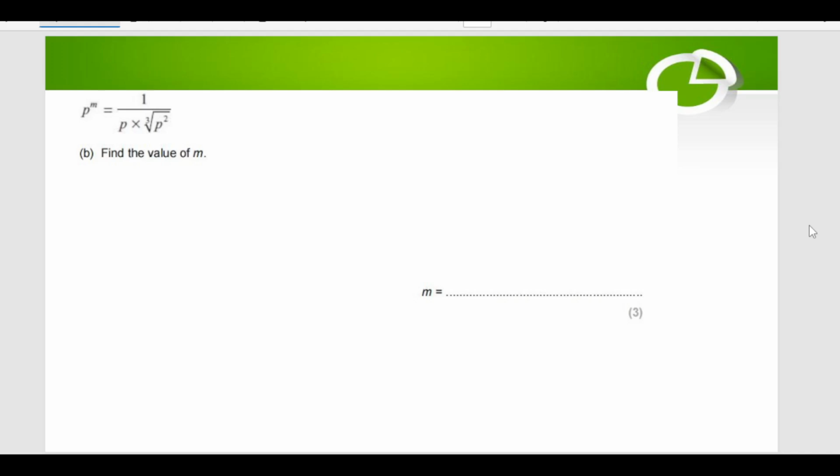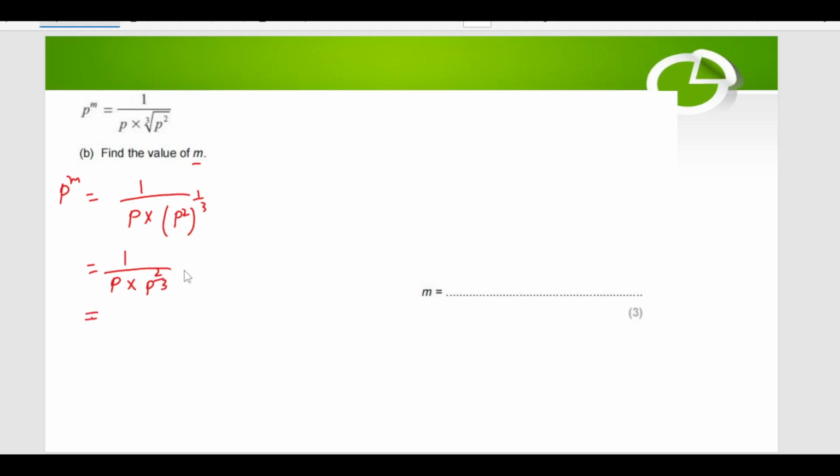Now we have the part of this. So we have p power m, and we need to find out the value of m. So I will take p to the m. This is equal to 1 over p times, so this can be written as p squared, then this cube root can be written as power 1 over 3, right? So when you multiply here, this will be p times p power 2 over 3.